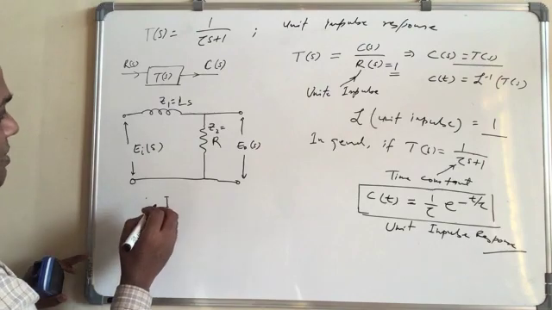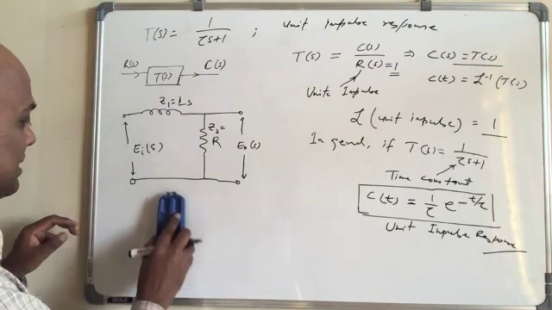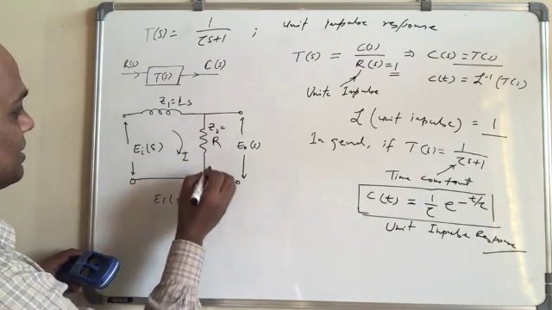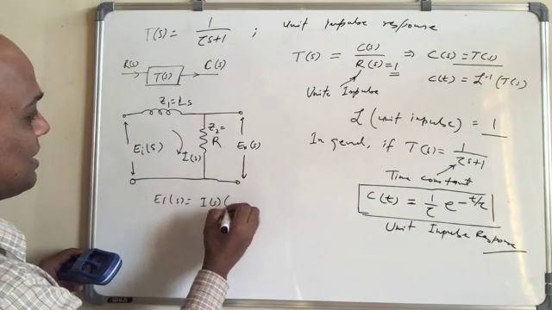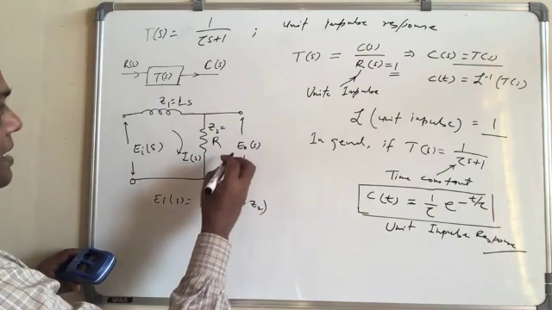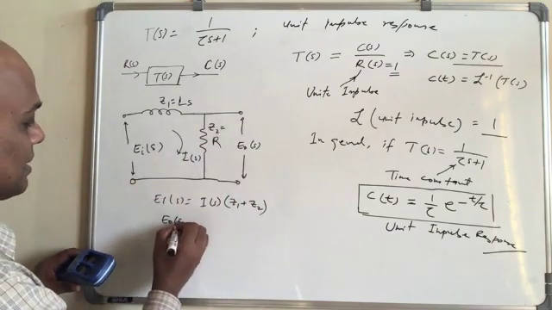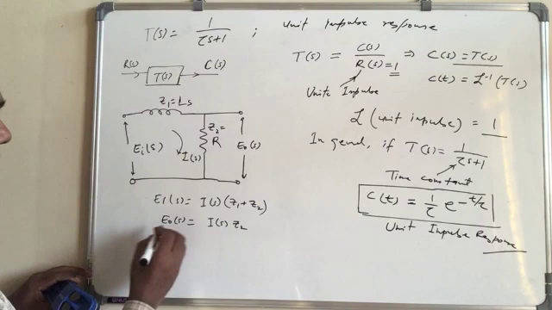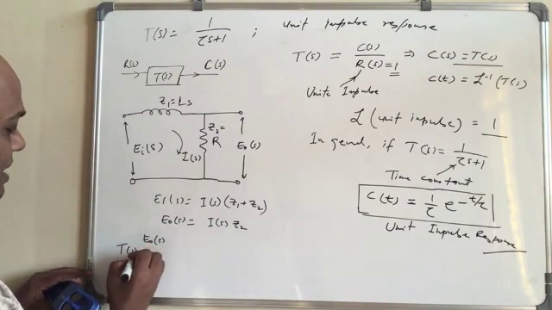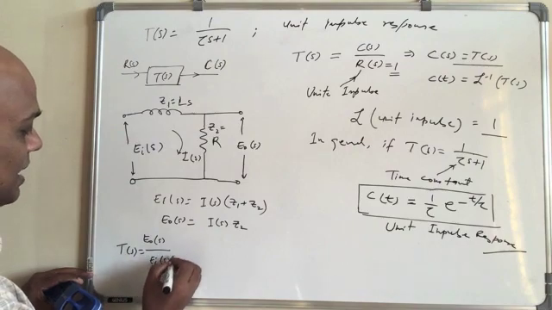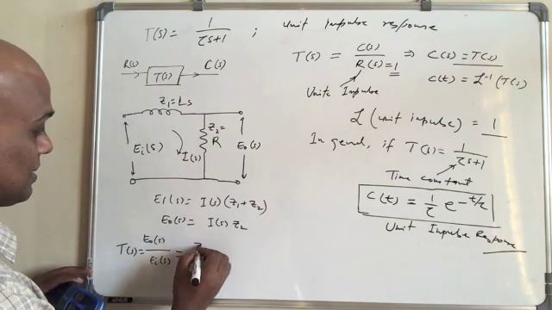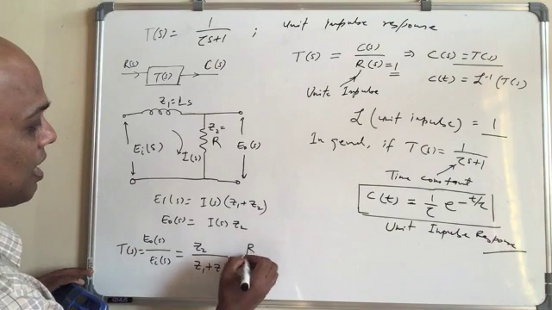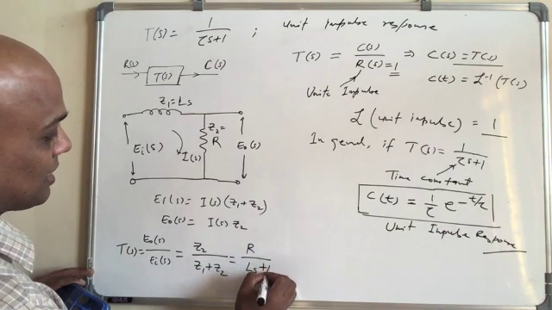So EIS equals IS multiplied by Z1 plus Z2, and EOS is simply Z2 times IS. Hence the transfer function Ts equals EOS over EIS, which is Z2 over Z1 plus Z2, and that is R over LS plus R.